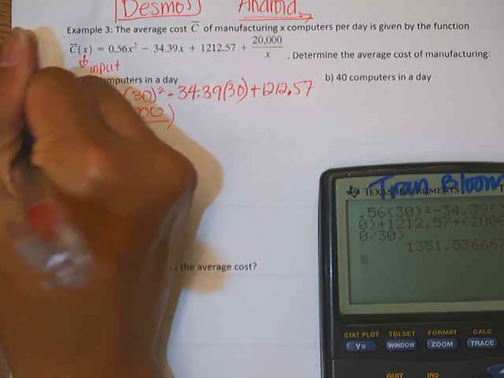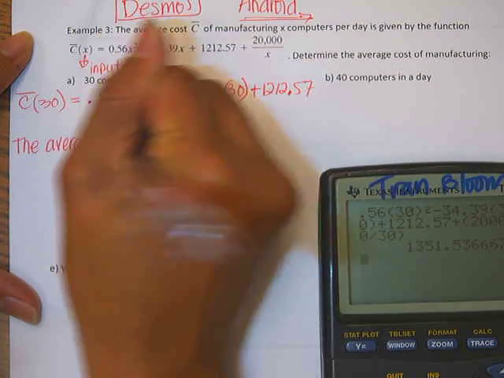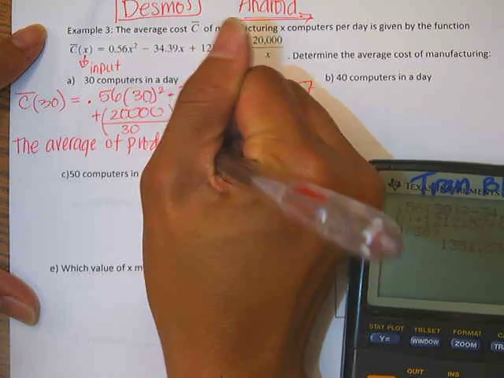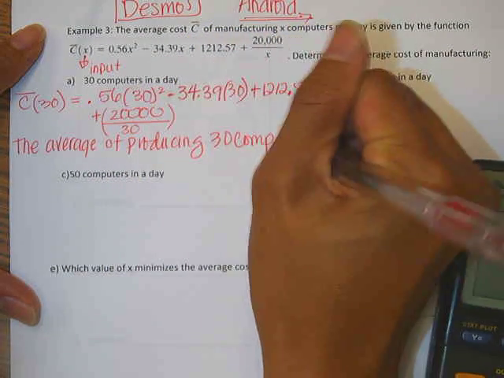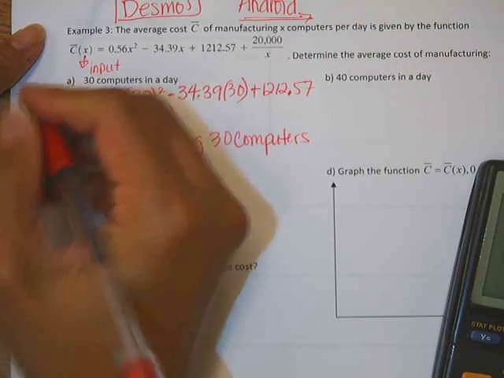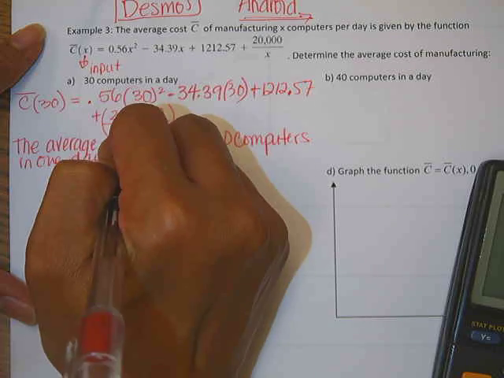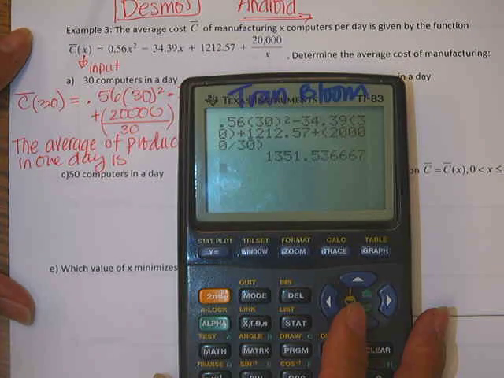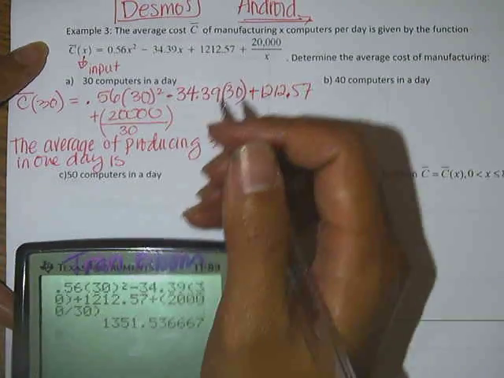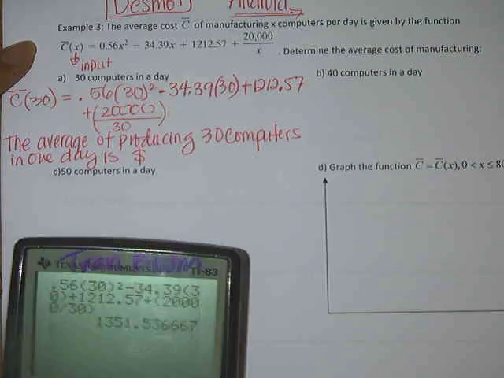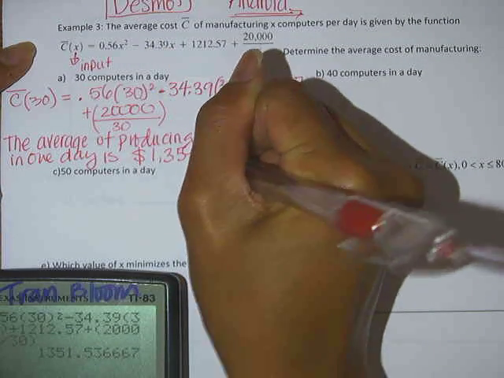So the average cost of producing 30 computers in one day is $1,351.54.